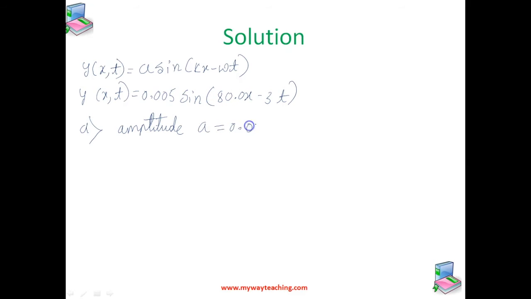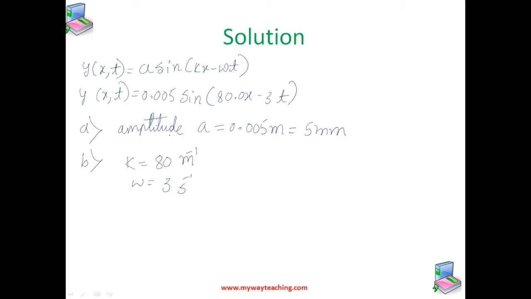is given by 0.005 meter, or in other words we can write it as 5 mm, isn't it? And the second one is the angular wave number k and the angular frequency. So k is given by 80 and w is given by 3 radians per second.